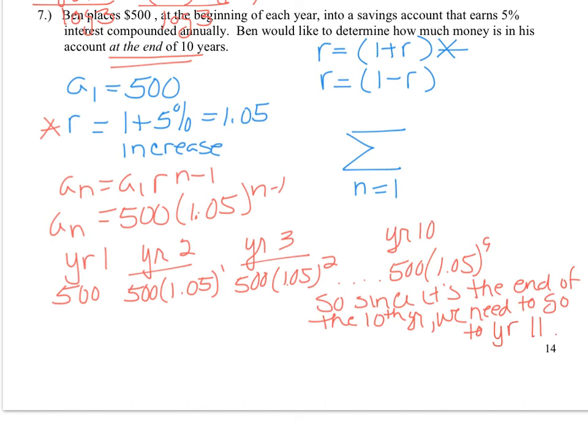All right, so that helps with the summation because we're going from 1 to 11, because 11 minus 1 in the formula is going to give me 10. So we write the formula down, which is 500 times 1.05 to the n minus 1.